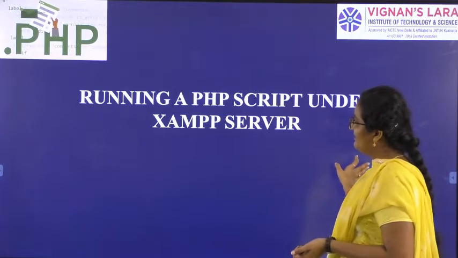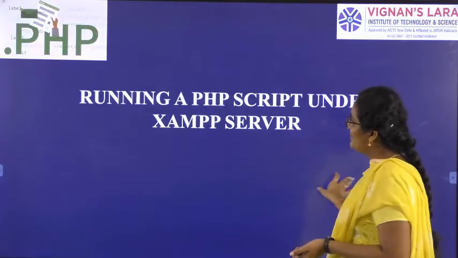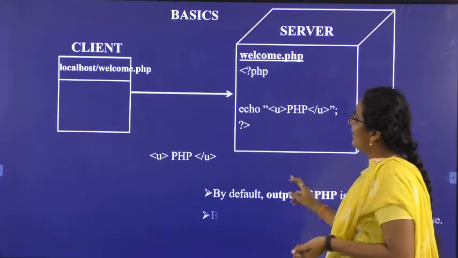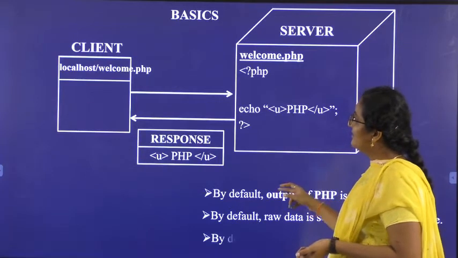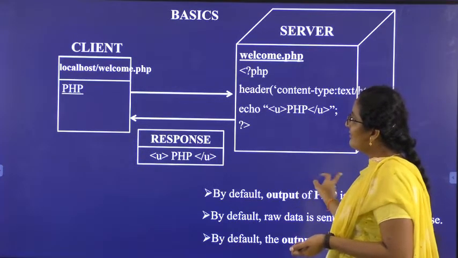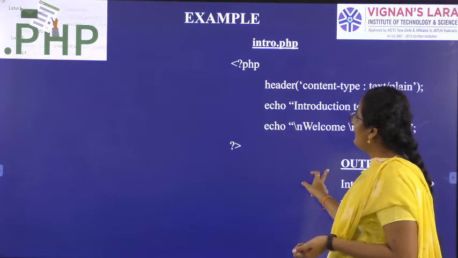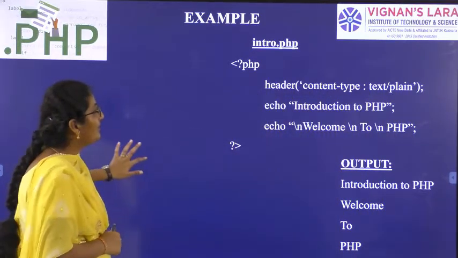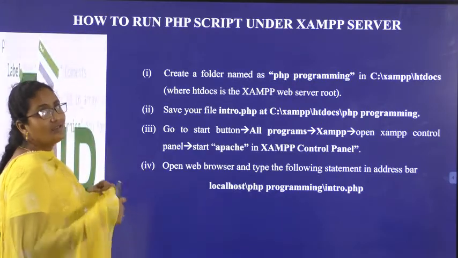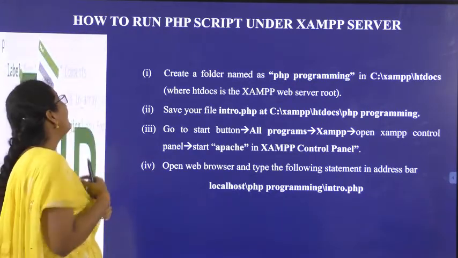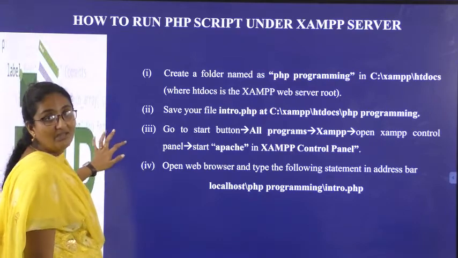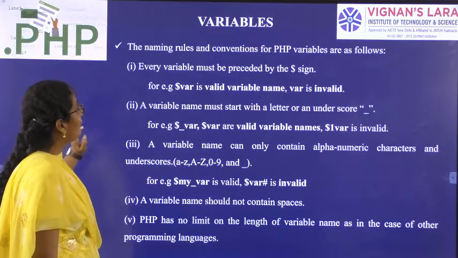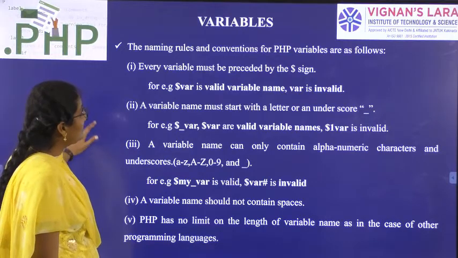Then how you can run the PHP program in a server, and how the server sends output as a response to the client. Then an example PHP program to print introduction to PHP and welcome to PHP. Then finally, what are the rules to be followed for running the PHP program in the server? What is a variable? What are the rules we have for creating variables?